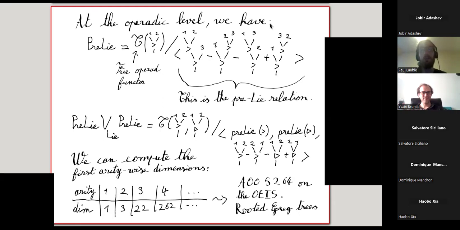And then we need to quotient this by the relations that should be respected in the free pre-algebra, in any pre-algebra. And so this, we can say that this is exactly the pre-Lie relation.